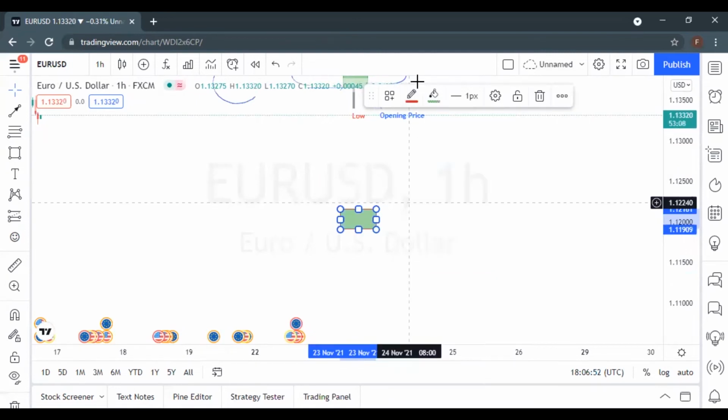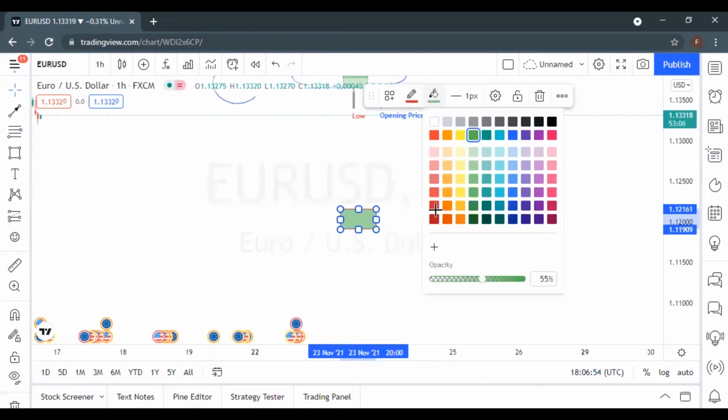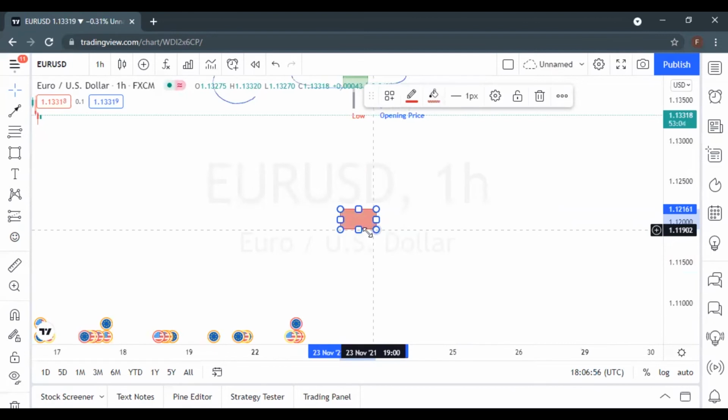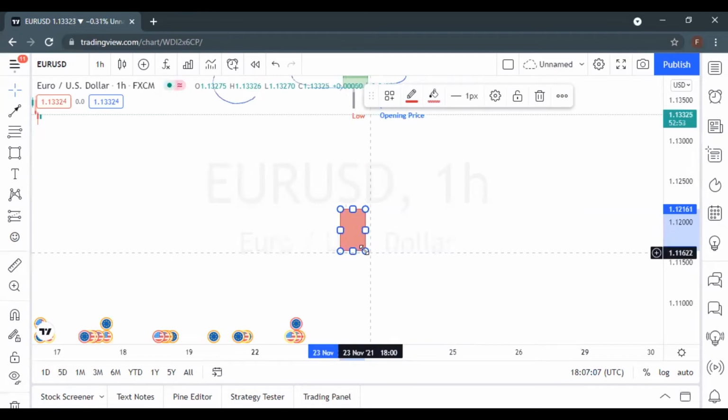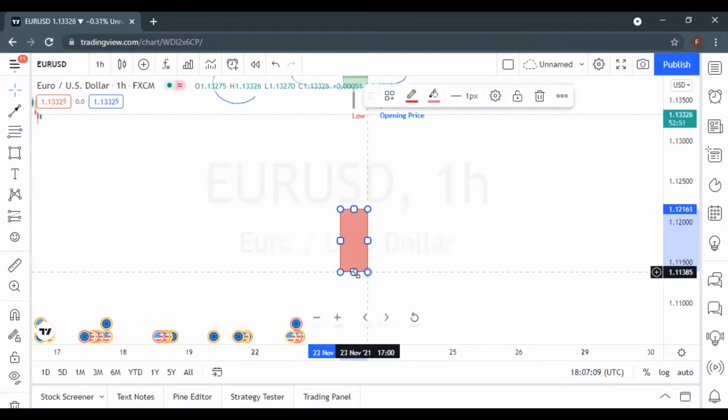Let's change this to red so it becomes distinct. As the market pushes down, a body is being formed.